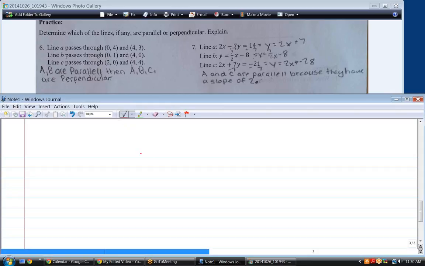So what's the slope of line A? Okay, so line A would be negative 1 over 4. Good. Negative 1/4. What's the slope of line B?